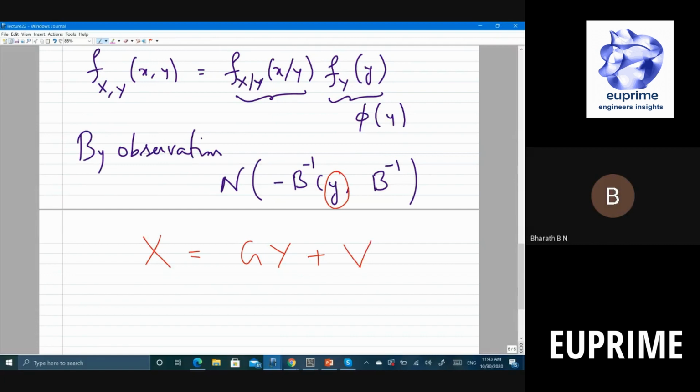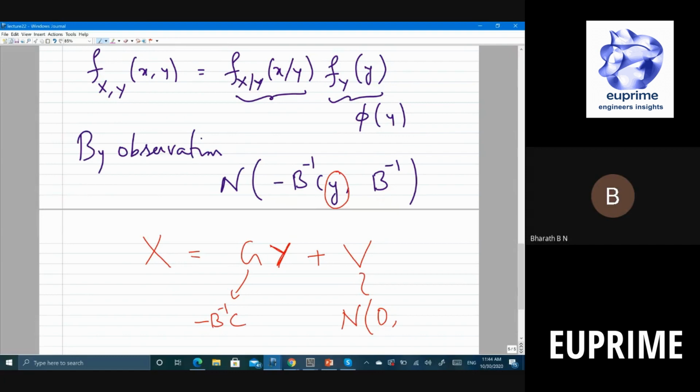Let me write it like this. Now I have to see what G is. Conditioned on y, this should be Gaussian. We should have a zero mean, because when you say expected value of x given y, I should get B inverse Cy. So given y, this is a constant. G should be minus B inverse C. That will be G.